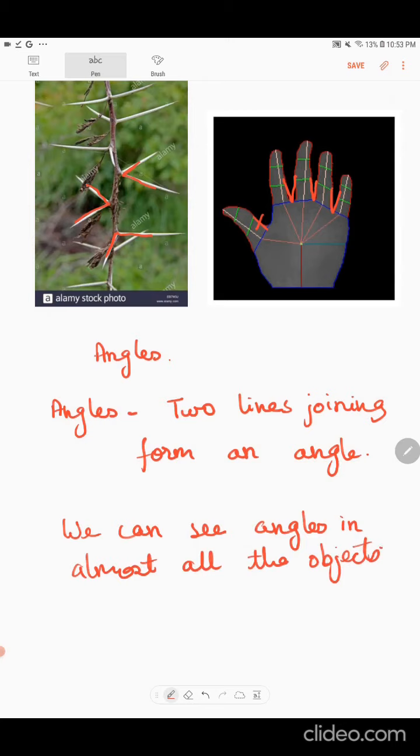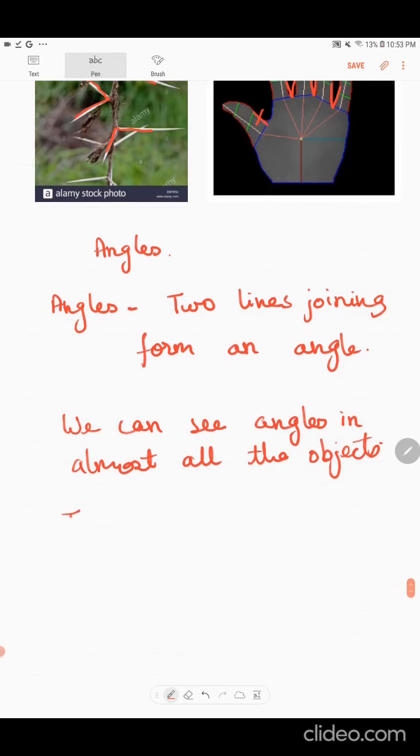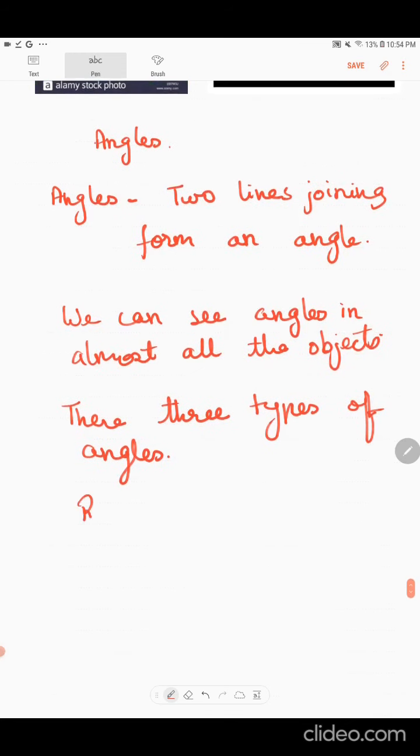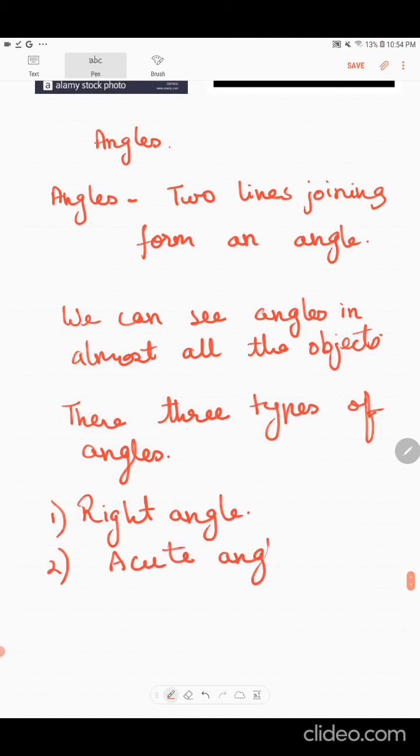There are three types of angles: right angle, acute angle, and obtuse angle.